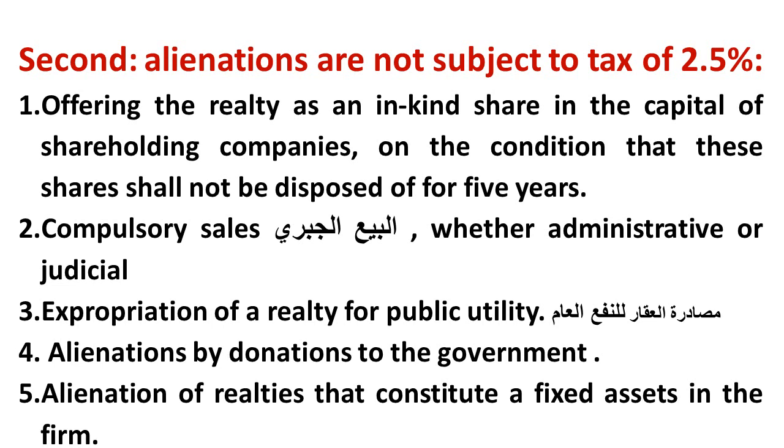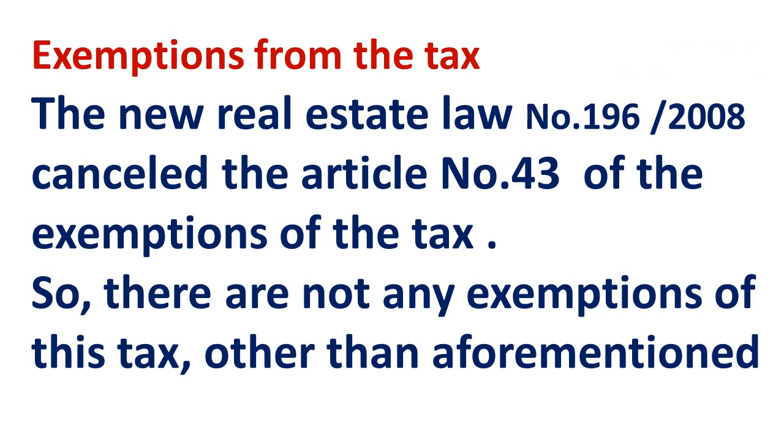To determine the taxable revenue, net taxable revenue equals... As an example, if a natural person owns a building which he rents to a company at 5,000 pounds monthly, to determine the taxable revenues we have to apply the rule: taxable net revenues equals actual rent.